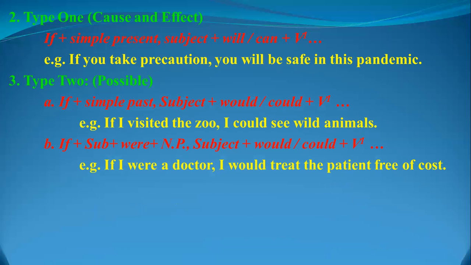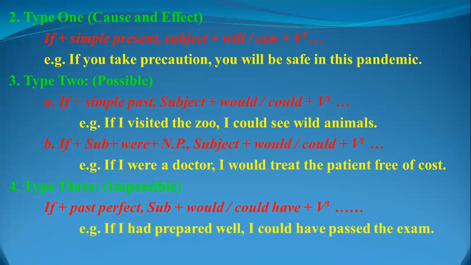Structure number 4 is called type 3, or impossible meaning. The structure goes like this: if plus past perfect, subject, would, could, have plus verb 3. Example: if I had prepared well, I could have passed the exam.